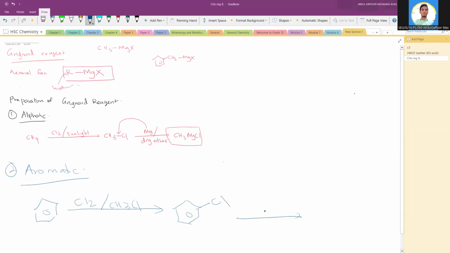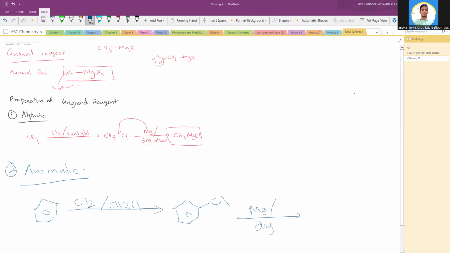Again, if you put magnesium and dry ether, when you study the reactions of benzene you can easily understand. Just remember only 4 types of reaction can be done on a benzene ring. This one is called halogenation on the benzene ring.